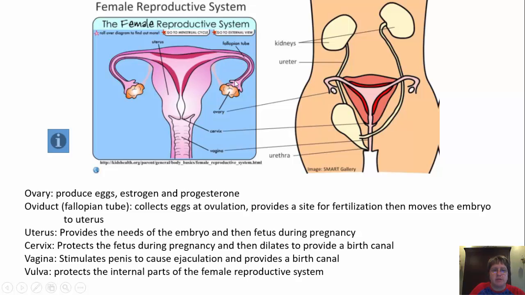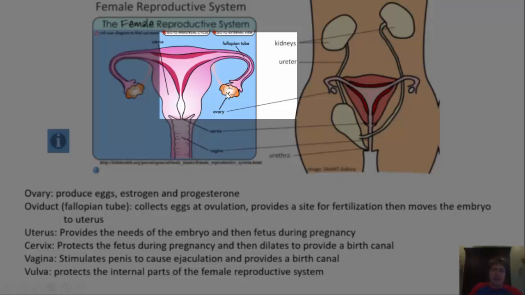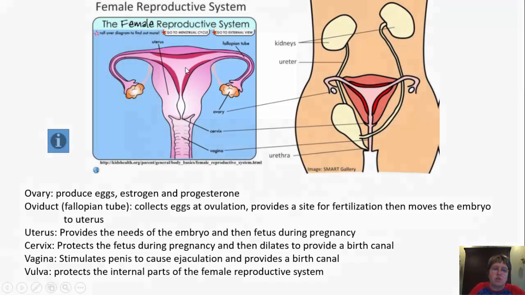They're also called fallopian tubes, and they collect the egg at ovulation. So the egg will pop out of the ovary and go into the oviduct, and this will also typically be the site of fertilization, and these oviducts will then move the embryo to the uterus. The uterus itself provides the needs for the embryo, and then, of course, the fetus as it continues to develop during pregnancy.